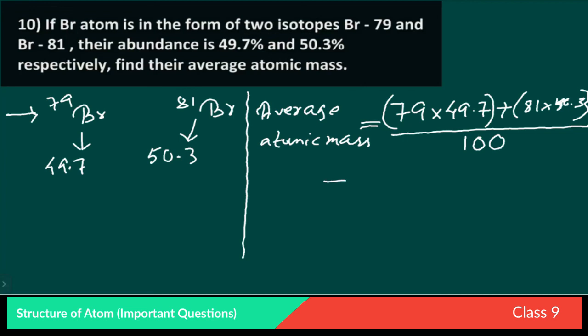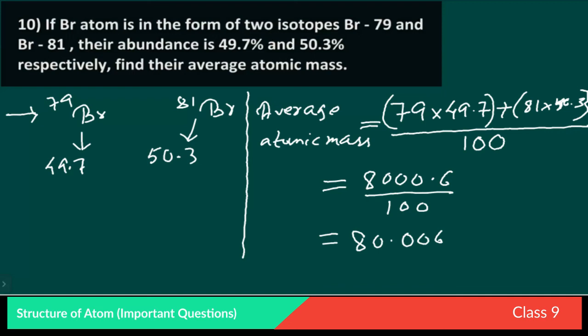And if you solve this, you will get 8000.6 divided by 100, which is 80.006. That is almost equal to 80. So this will be your answer, right?